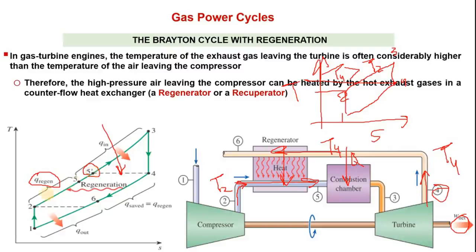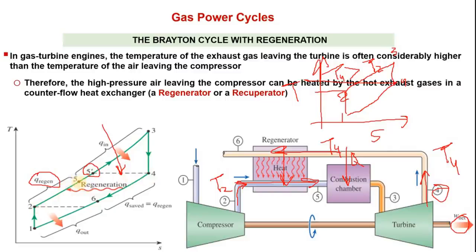So that is the maximum possible heat which can be transferred in this heat exchanger, so that temperature T2 rises to T5 and this T5 becomes equal to T4. But in an actual heat exchanger, the heat transfer areas are not infinite, so the actual T5 will be less than T4.